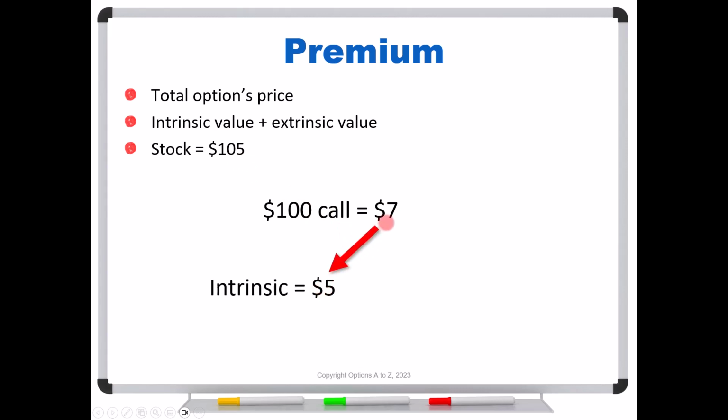However, the option is trading for 7. So there's an extra $2 that's not being accounted for. That's the extrinsic. And as always, if we add the intrinsic plus the extrinsic, we get the option's total price. So whenever we talk about premium, it is this price, in this example, the $7 total that we're talking about.